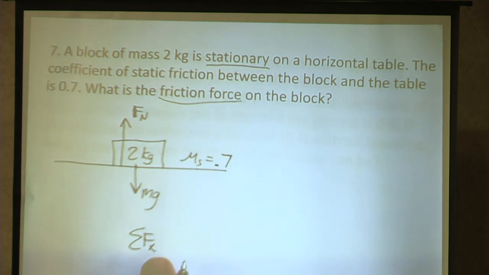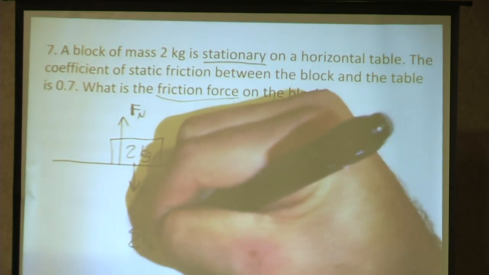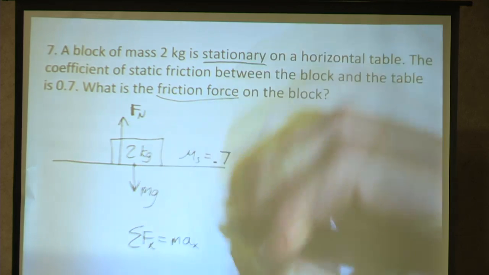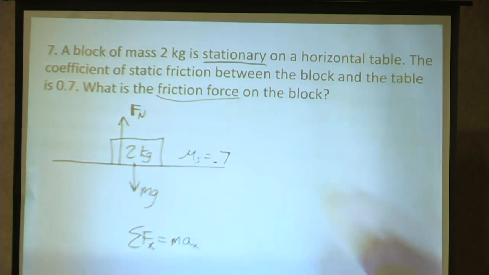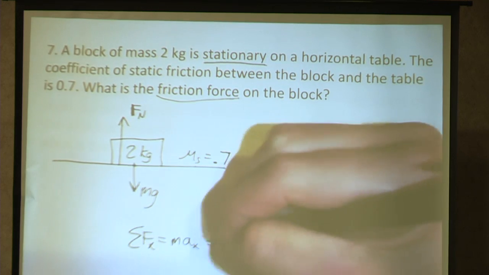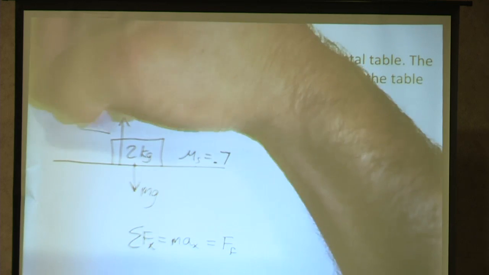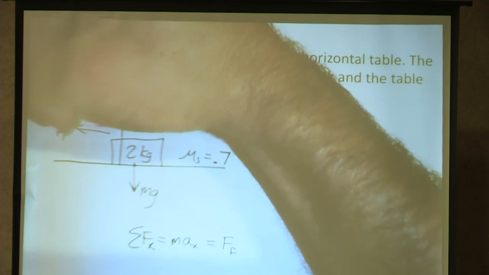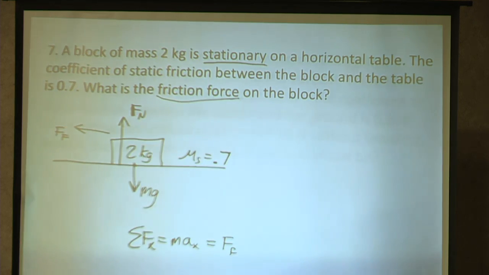So the sum of the forces in the x is going to equal the mass times the acceleration in the x. What forces would act in the x direction? The only force would be friction, right? Let's just say friction acts that way. I forgot to include that one. But there's a problem here, and that's that the block isn't moving in the x.